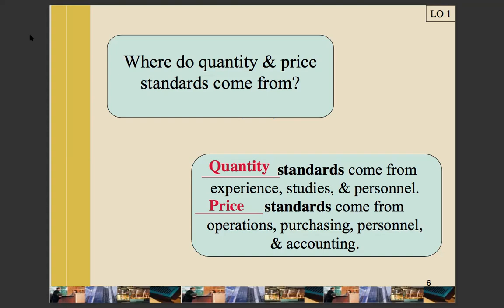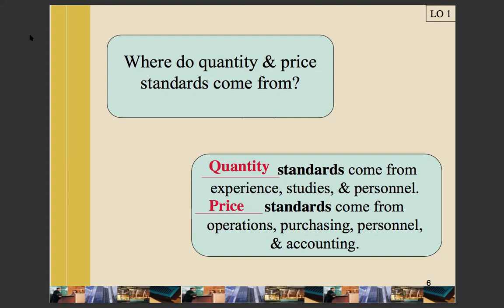But among the three, engineering studies can determine the most efficient way to operate. They can provide very rigorous guidelines. However, sometimes they may not be achievable by operating personnel, right?